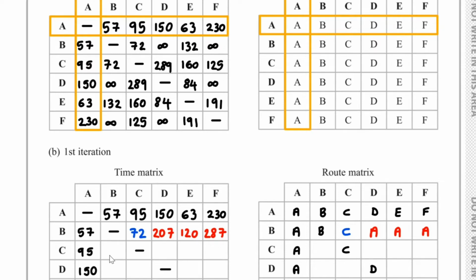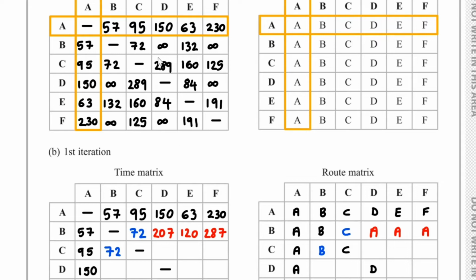Now for this element, we compare 72 with the sum of 95 plus 57. 72 is smaller, so 72 goes here, and the element here remains unchanged. We write down B over here.